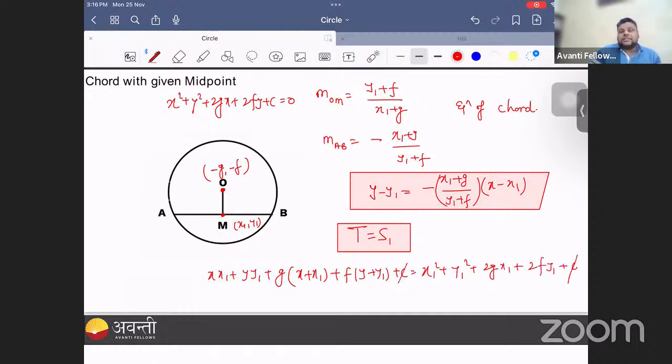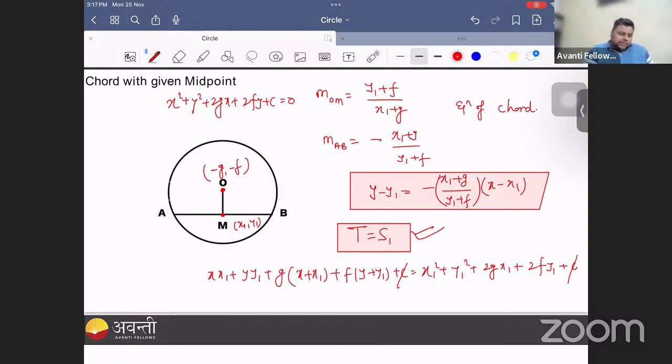This c will cancel, and the rest of the equation is the chord with the given middle point. So this is what you should remember.